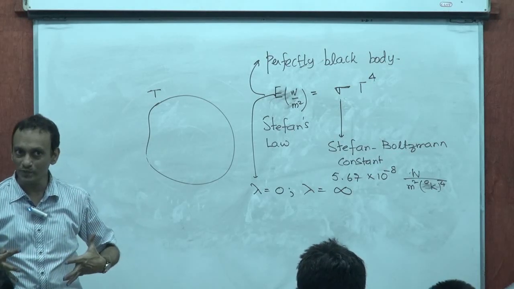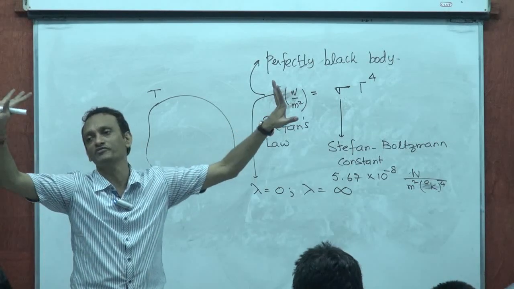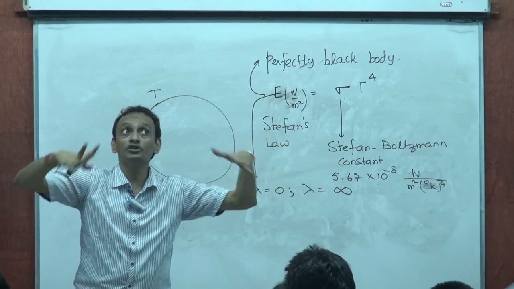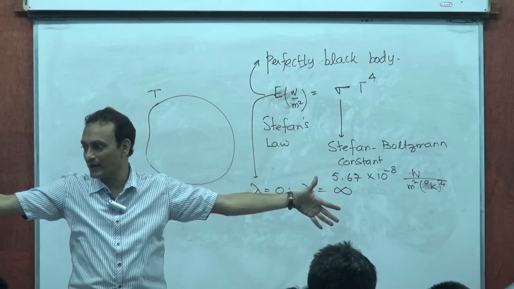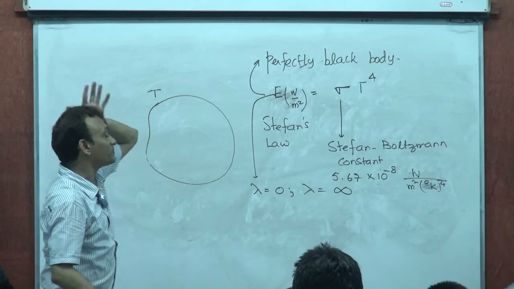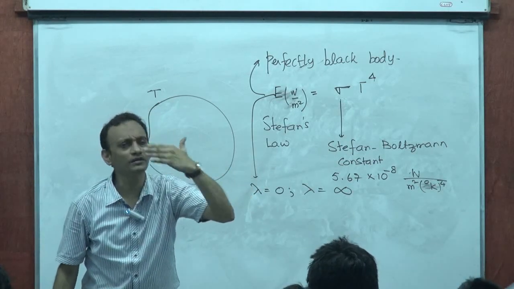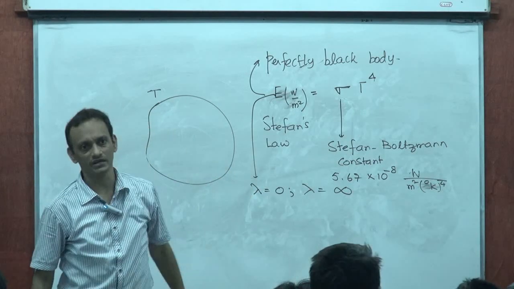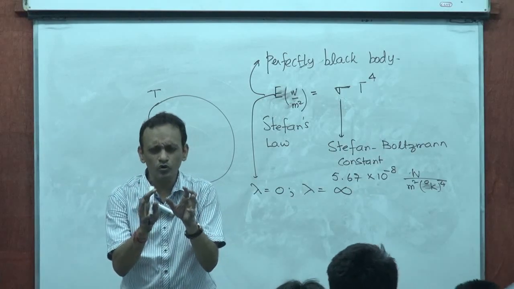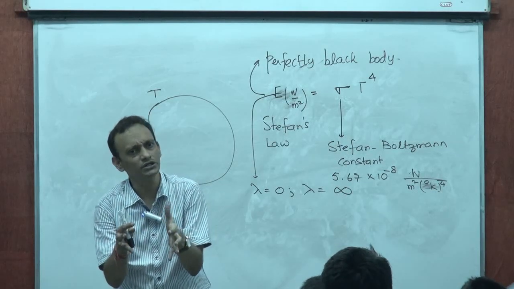So there is a thermal spectrum from lambda equal to 0 to lambda equal to infinity. Yes, some of them are in the visible range, roughly close to 0.4 to 0.7 microns.